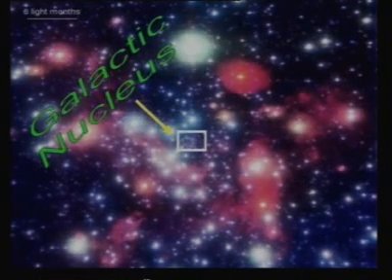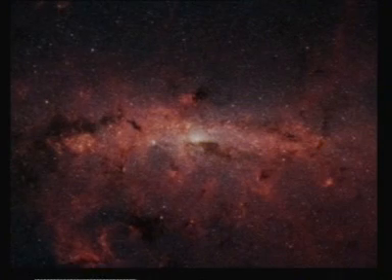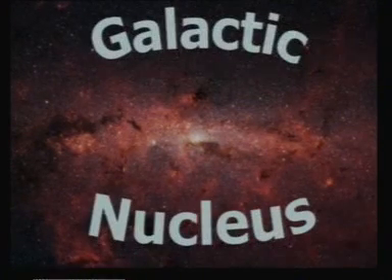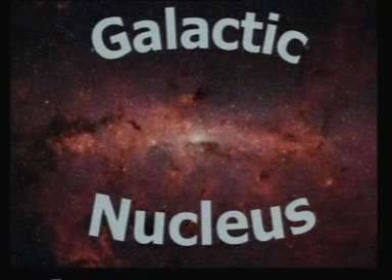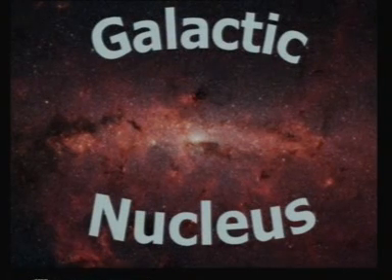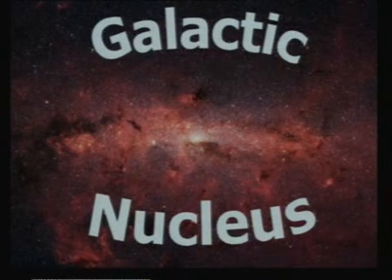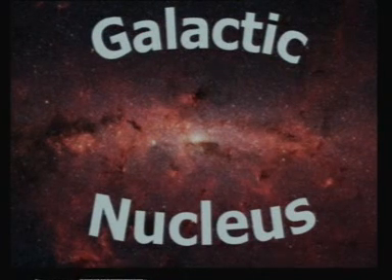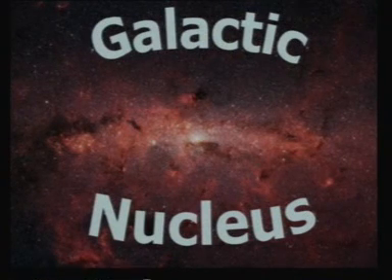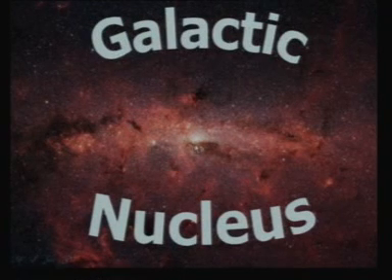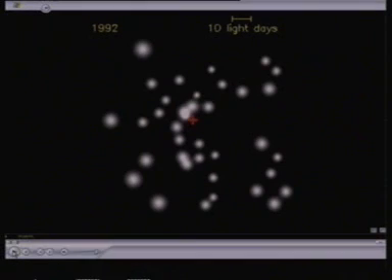And it is now believed, in fact there is evidence for this also, that this gas and stars, they move around the nucleus of the galaxy, and that this nucleus contains a massive black hole of the order of 1 million solar masses, and this motion is what causes this glow in the middle that you see in this slide. This glow in the middle is caused by this motion, and this motion generates X-rays. This picture is taken in X-rays.